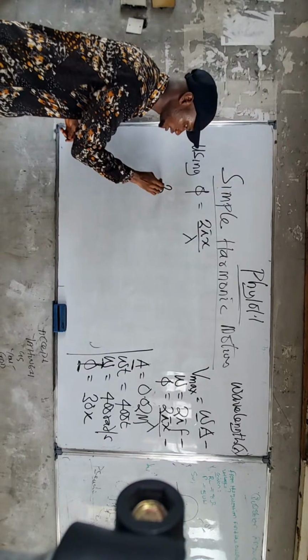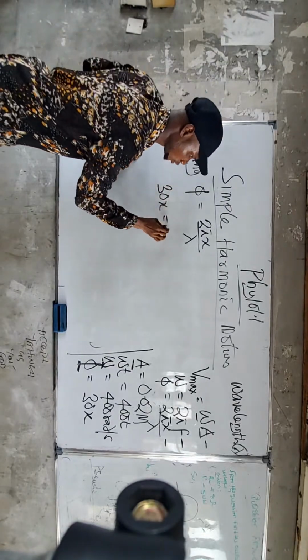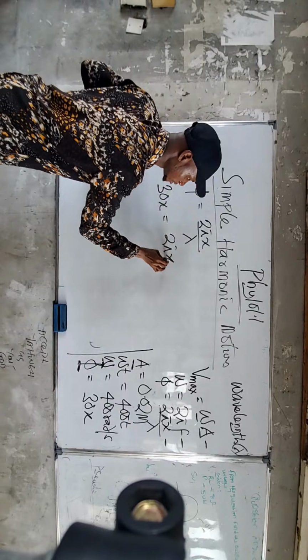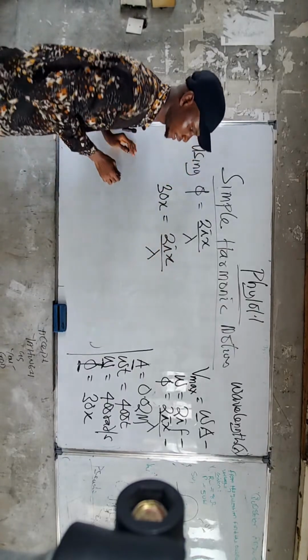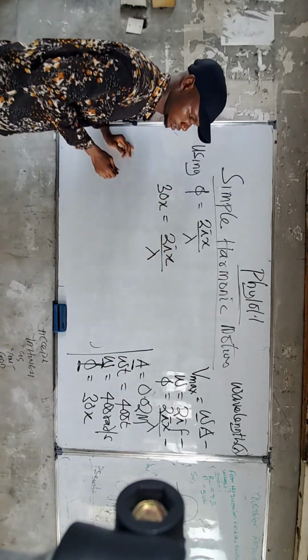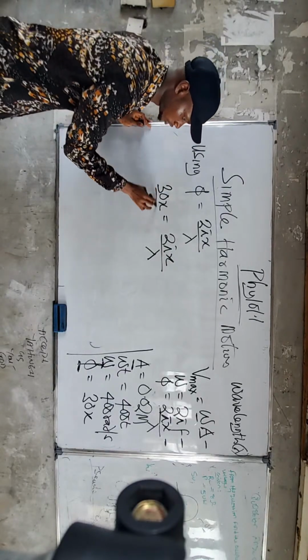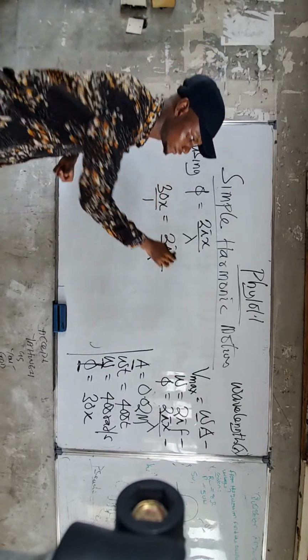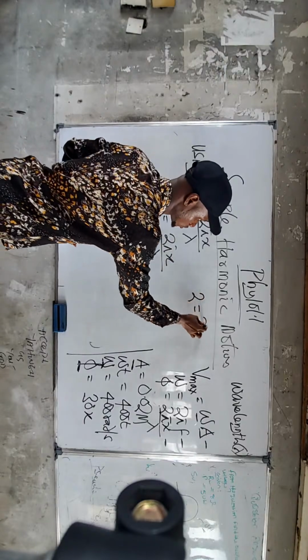So now let's replace. This will be 30s is equal to 2 pi s over lambda. My intention here is to make lambda the subject. Now listen, in mathematics, if I have 2 like this, it can be written as 2 over 1.